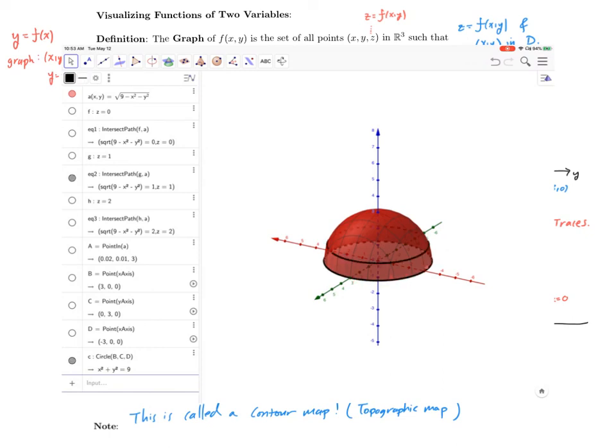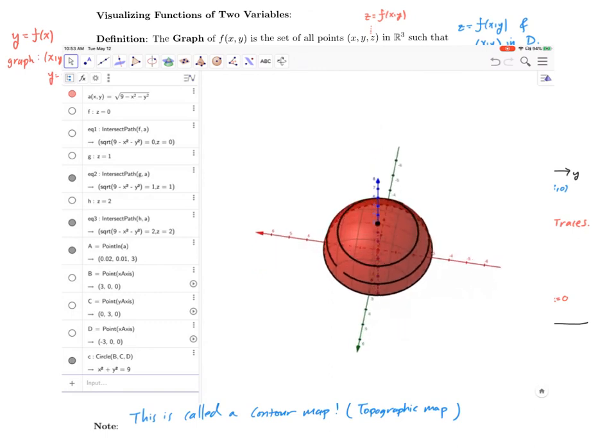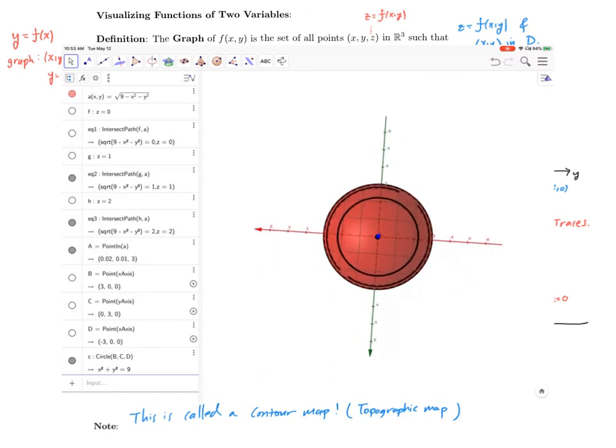The k equals 1 level curve sits 1 unit above the xy plane. Then k equals 2, and k equals 3. The bird's eye view of this shows us the corresponding contour map that we created. Hopefully this helps show you the connection between the graph of a function of two variables and that associated contour map.